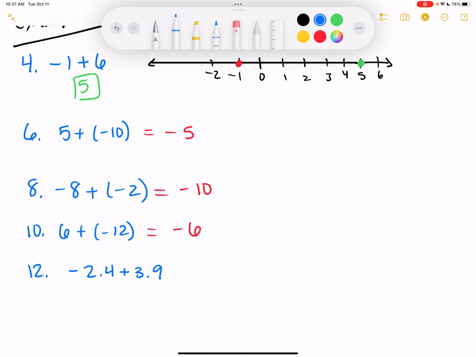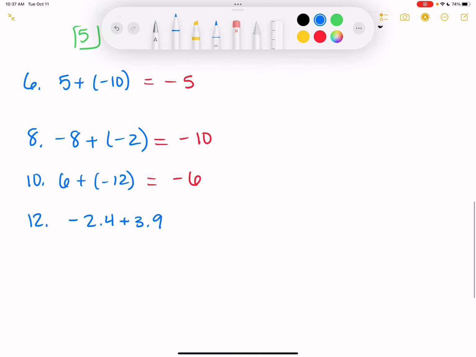So with one like this, just looking at it, you may not know what the answer is. But if you remember how to do the stacked addition and subtraction, I would do it that way. So in this case, I would subtract the smaller number from the bigger number. So the way I'm going to write this is 3.9 minus 2.4 like this.